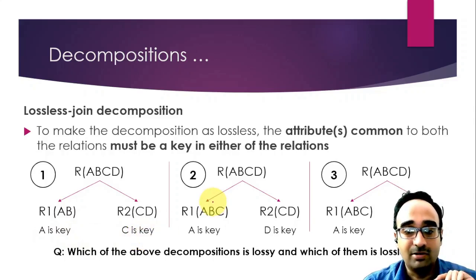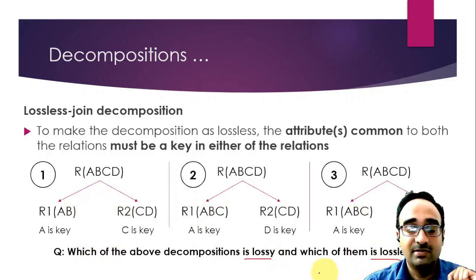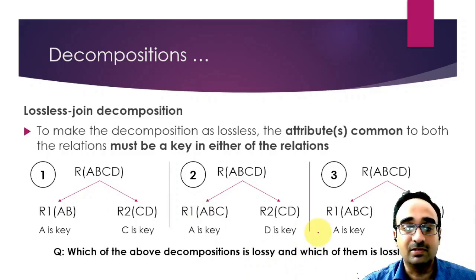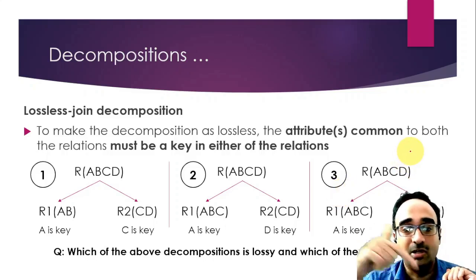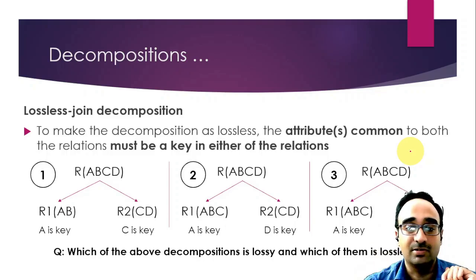Now my question to you is, which of these decompositions is lossy and which of them is lossless? Can you tell me? I already told you how to make the decomposition lossless, just now. So tell me the answer. You can comment your answer below the video. Let me know.